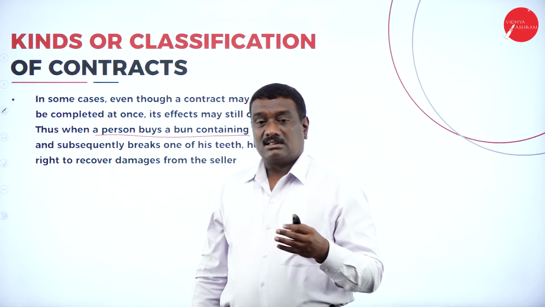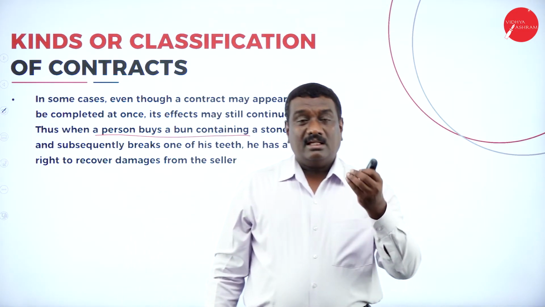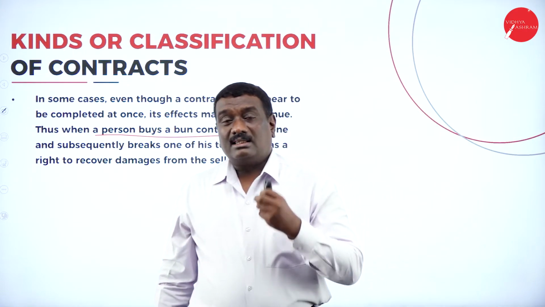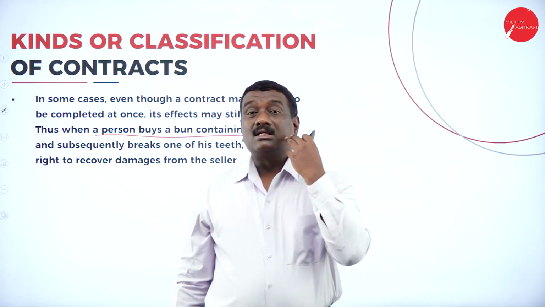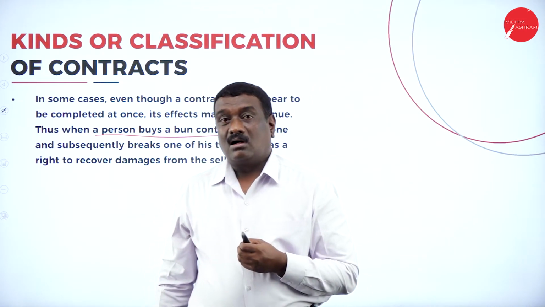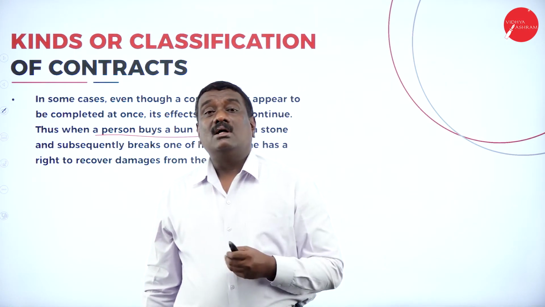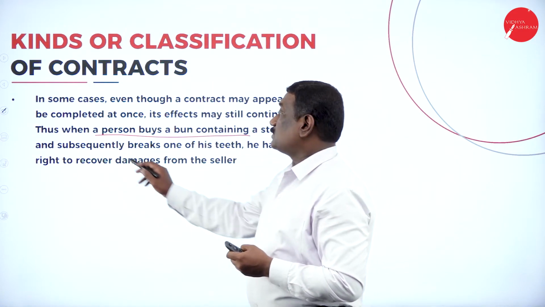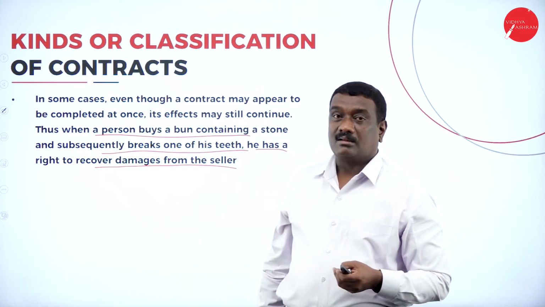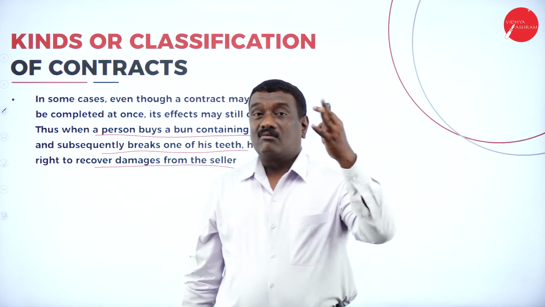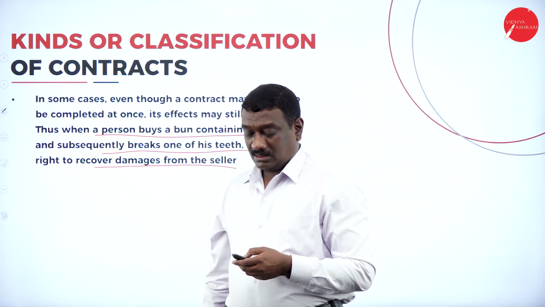If a person goes to a bakery and buys a bun, and when he eats it he finds a stone, and that stone will harm the tooth, and thereby there is a loss or injury on his part. Now he can go and claim compensation. Subsequently he breaks one of the teeth and he has a right to recover the damages from the seller. So he can recover the damages from the bakery person. This is the extension of that particular contract.